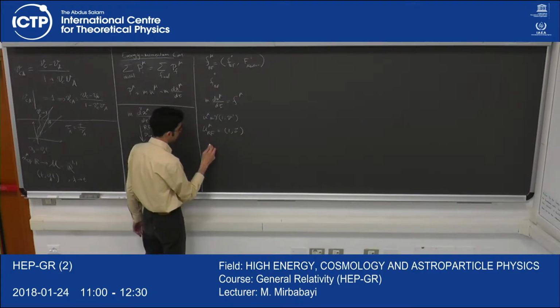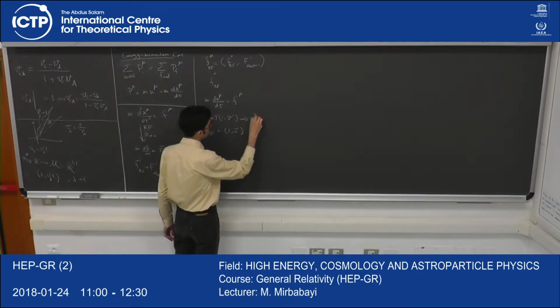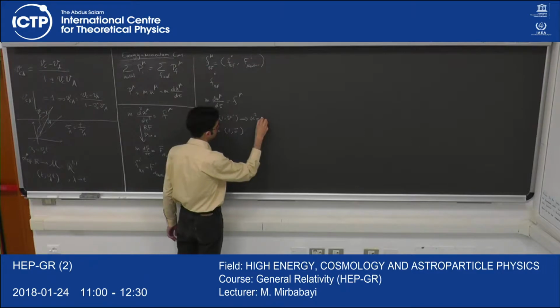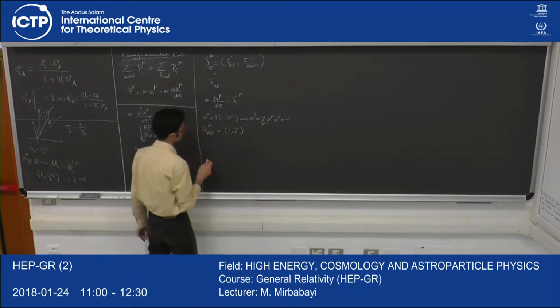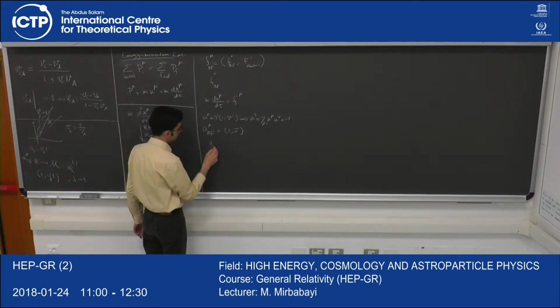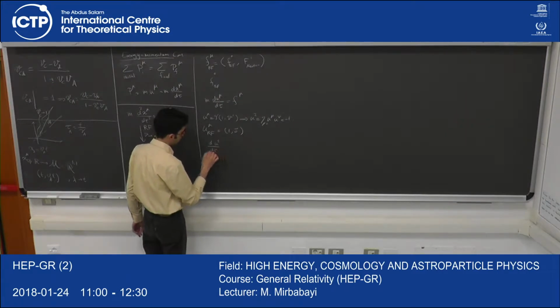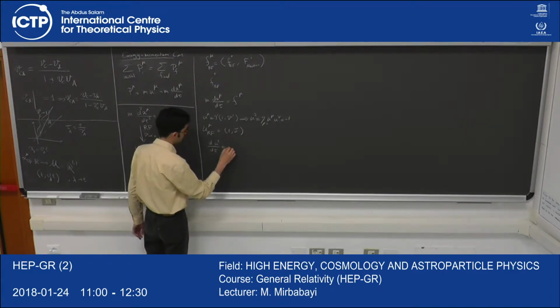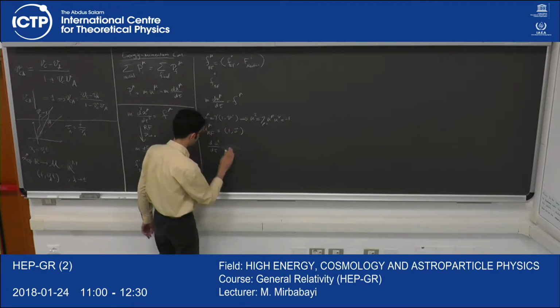We also know that u squared, which is just eta mu nu u mu u nu, is equal to -1. So if I take the derivative of this u squared with respect to tau, that has to be 0 because it's a constant.